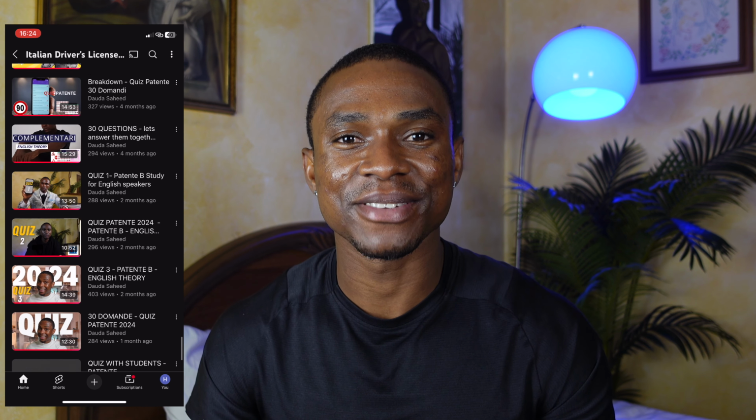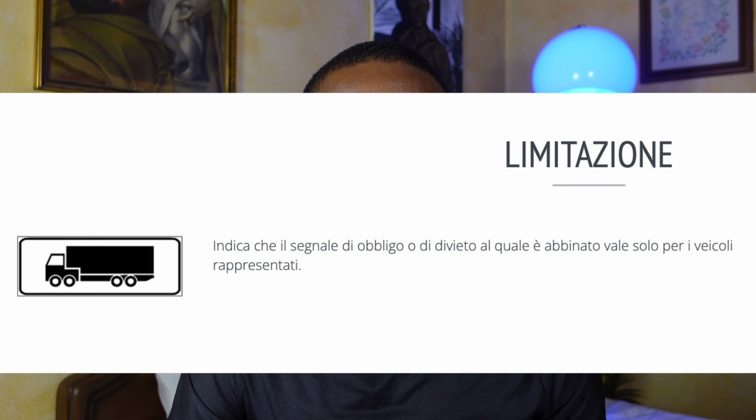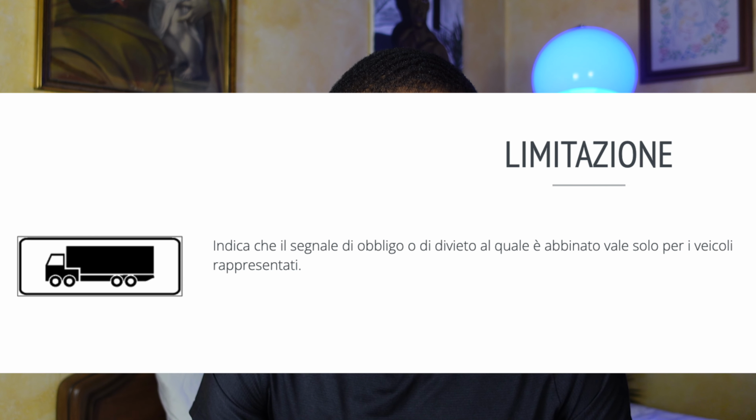The next one we have here is limitazioni. Indica che in segnale di obbligo o di divieto a quelli è abbinato vale solo per i veicoli rappresentati. So it's letting us know that if you see this sign placed under any sign of obbligo, divieto, or any sign, it is referring to just the vehicle on the sign.